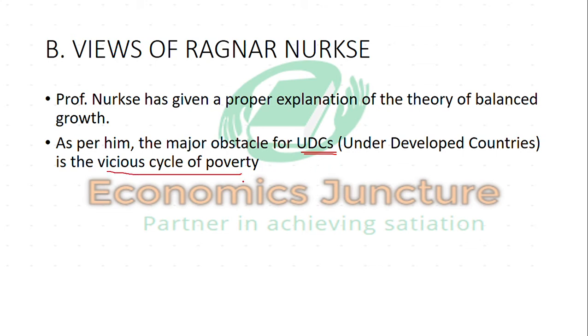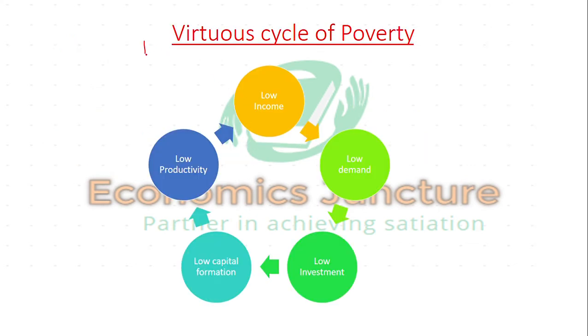vicious cycle of poverty. So he explained the vicious cycle of poverty: underdeveloped countries have low income, which translates into low demand because income is low. Which means that because there is low demand in the market, there would be low investment. Now, since investment would be low, the capital formation would remain less, and this would lead to low productivity.